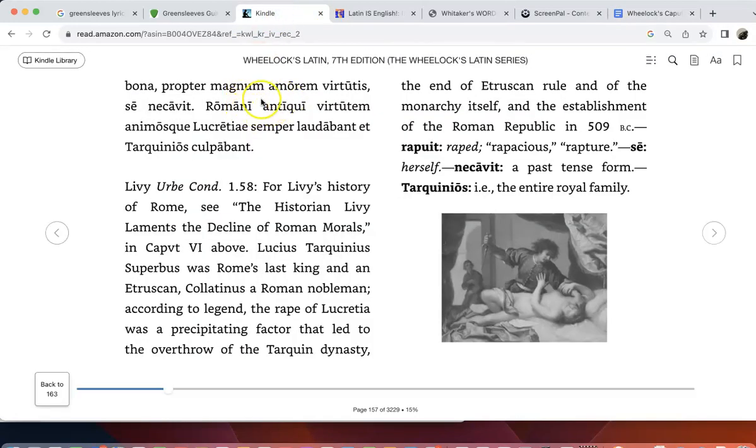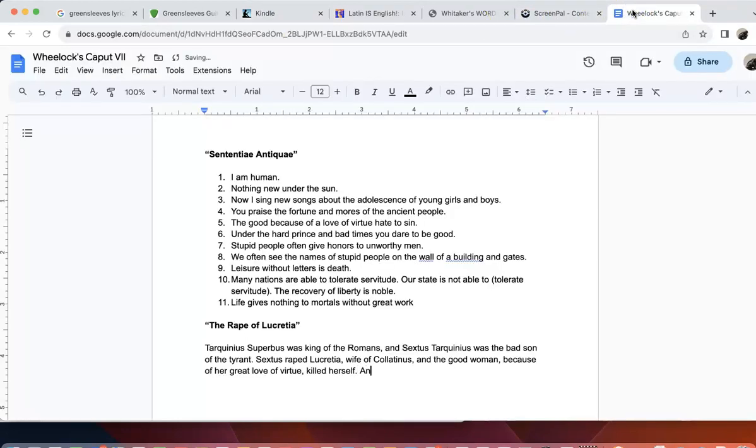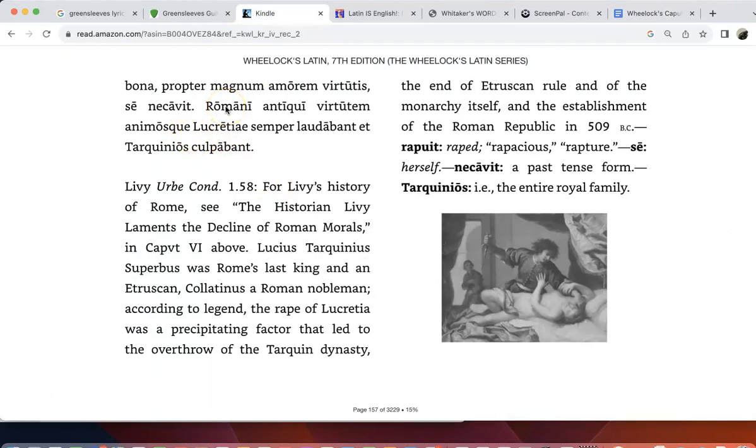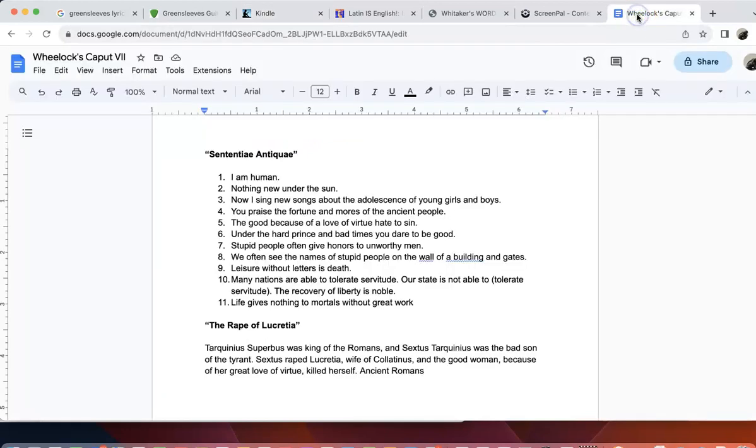And then ancient Romans. Rome was a people of great memory, constant memory. It's one of the things that made Rome great. They always tried to remember where they came from. Ancient Romans were always praising, so semper laudabant, were always praising.